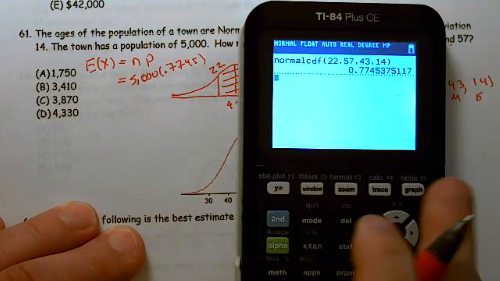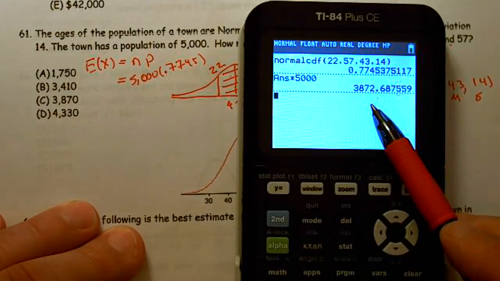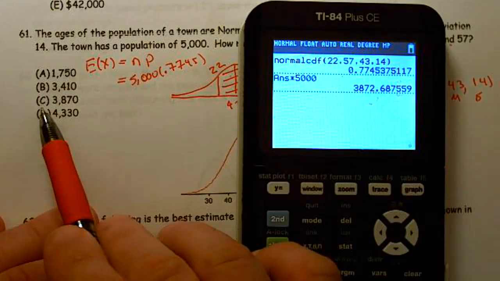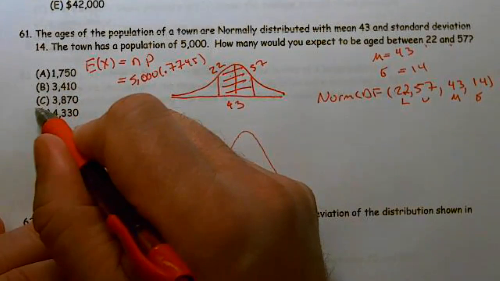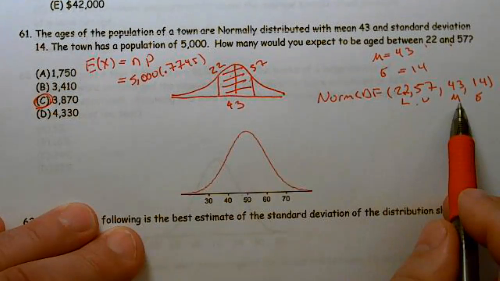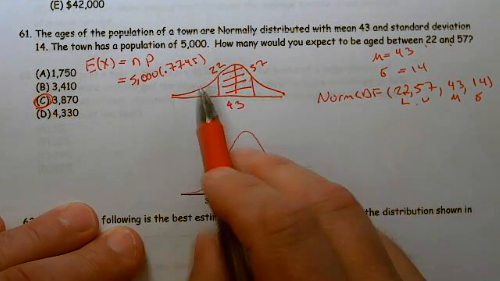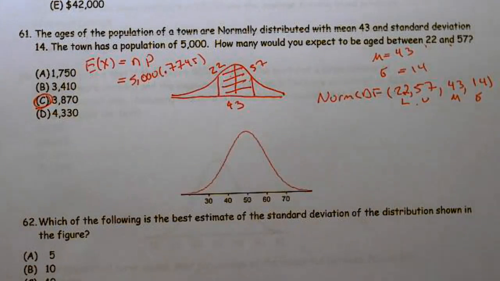I'm just going to take this value right here and times it by 5,000, and I'm going to take the answer that's closest. And I get 3872. The answer that's closest is letter C. So please remember, this is kind of a difficult problem. We had to find the probability first, which was 0.7745, and then we multiplied it by 5,000 to find out how many.